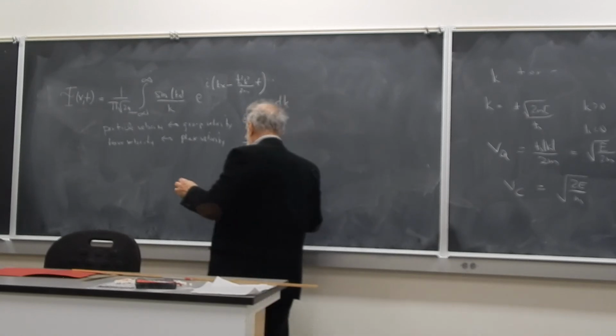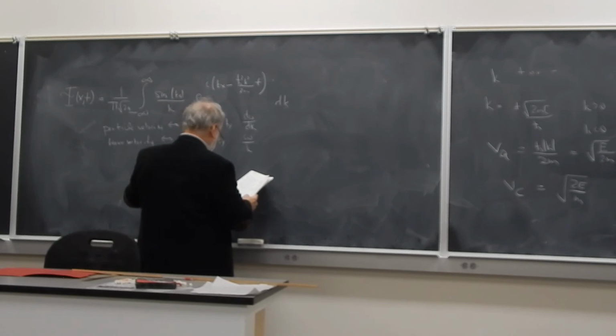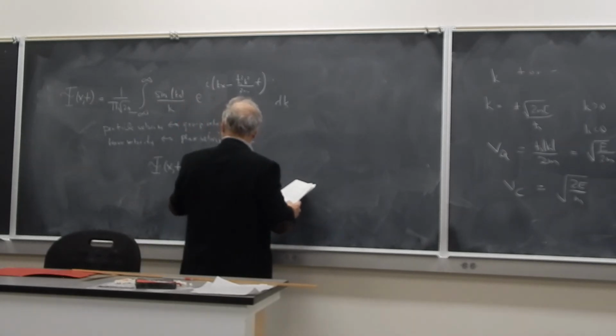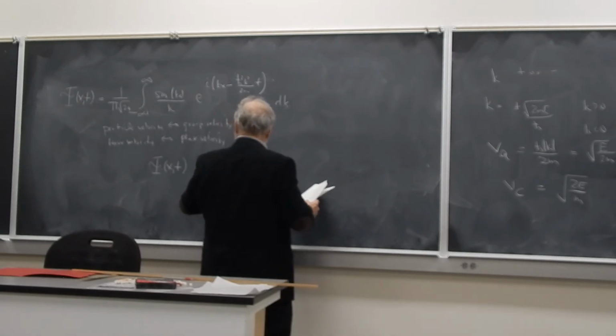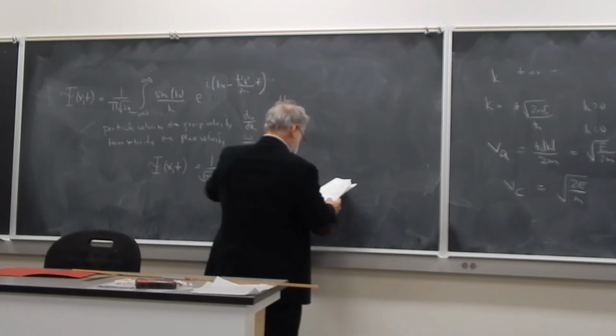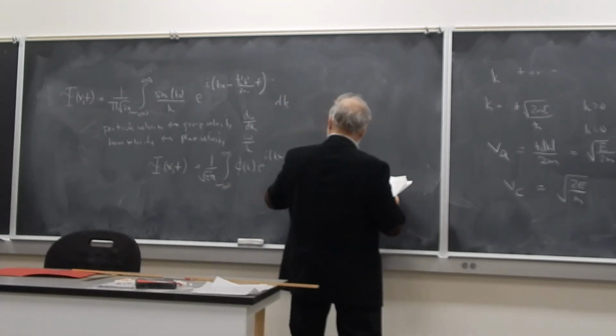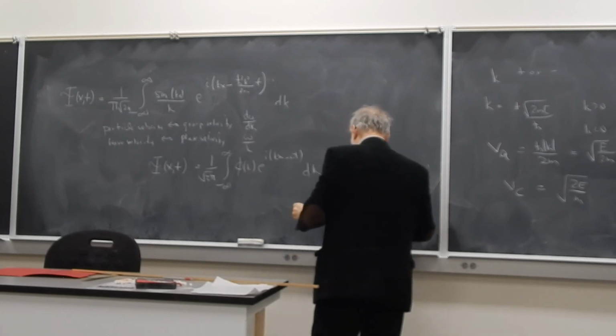So we might ask ourselves, what's the group velocity of a wave packet that has the form psi of x and t equals 1 over square root 2 pi, integral from minus infinity to infinity, phi of k, e to the i, kx minus omega t, dk.